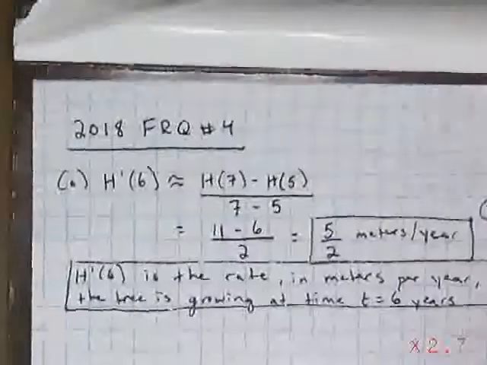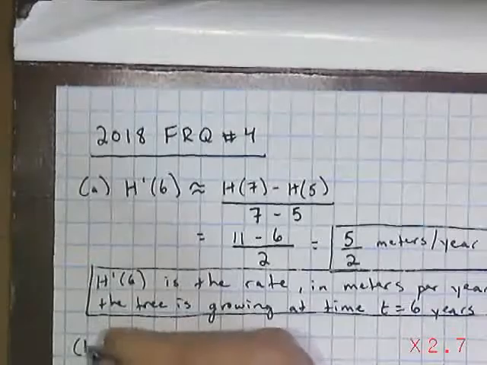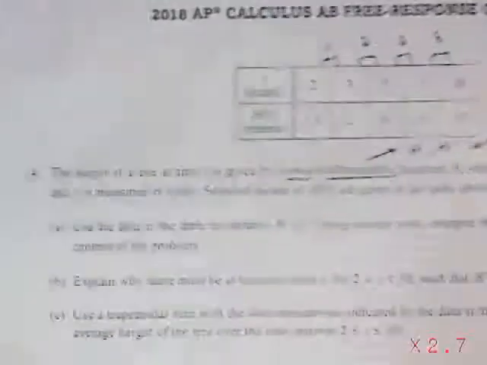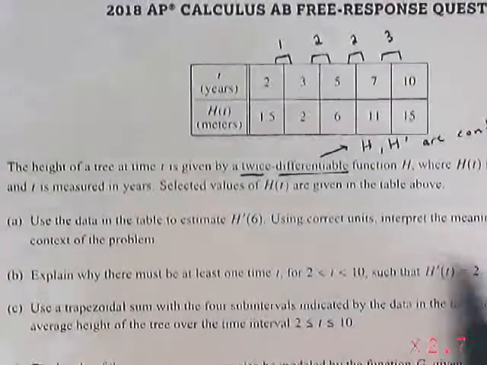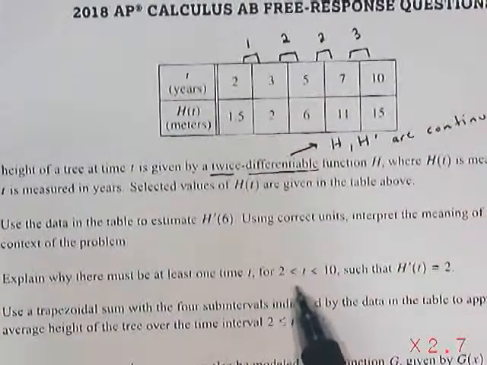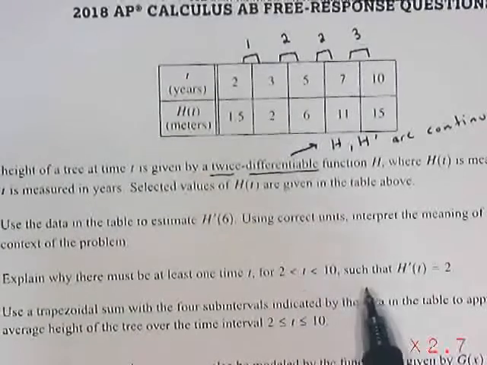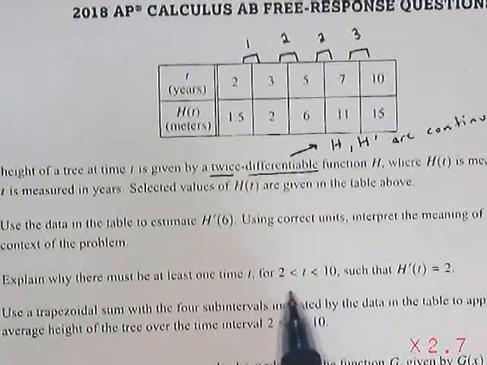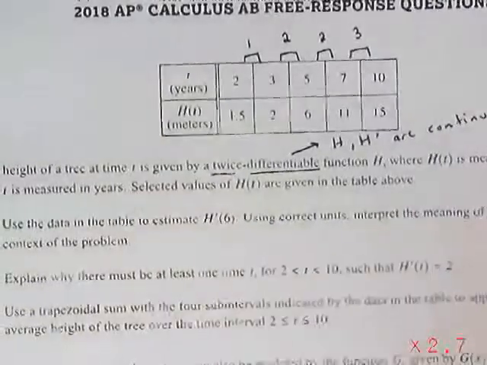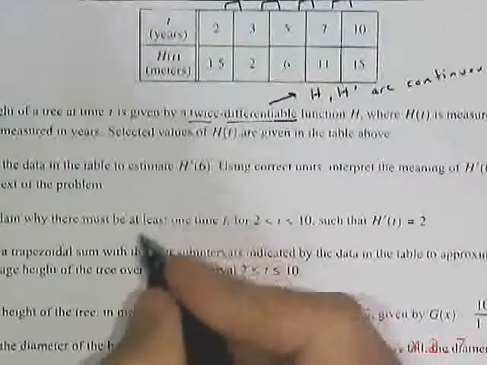Cool. All right, part B. Explain why there must be at least one time, spidey sense, in this open interval, not quite, such that the derivative of h is 2. Okay, this is very, very close to that magic formula that we've seen before: at least one time.